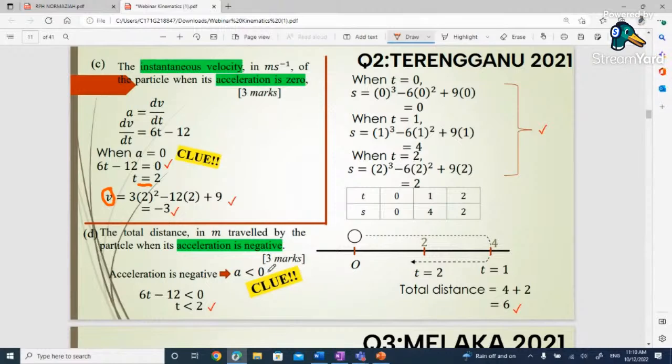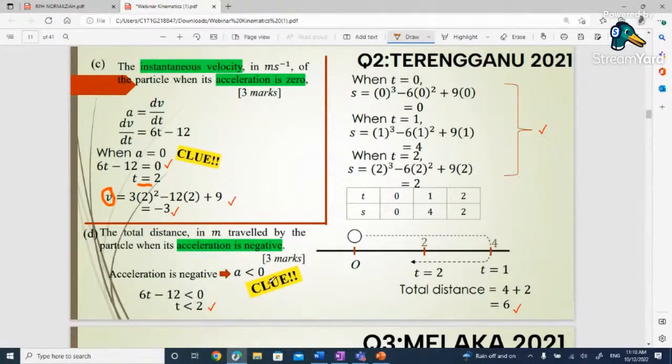Inilah clue dia. Tapi total distance. Kalau A less than 0, where can we find A? From C. Kita dah kira dah tadi. Tak payahlah nak kira balik. Less than 0, that means we will get T less than 2.